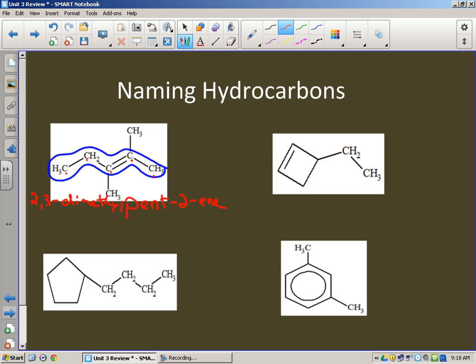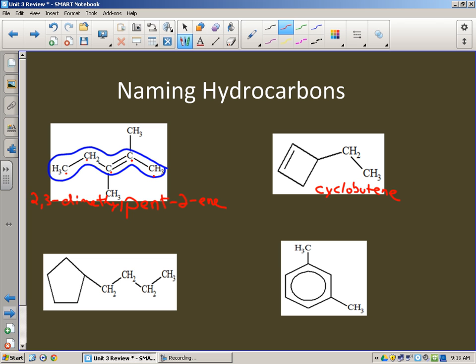All right, this one, let's go to the right here maybe. This one here is cyclo. So don't forget the cyclo part, that's very important. This is butene. So 4 carbons, but double bond, ene. We don't need a number with this one because remember, wherever I put that double bond, that's always going to be carbon 1, 2.